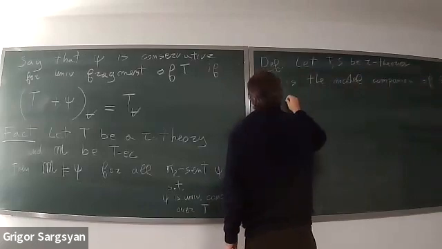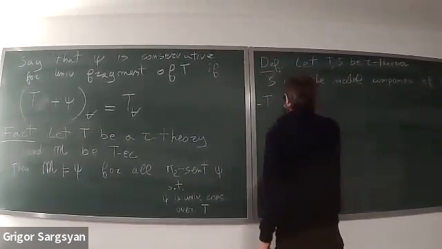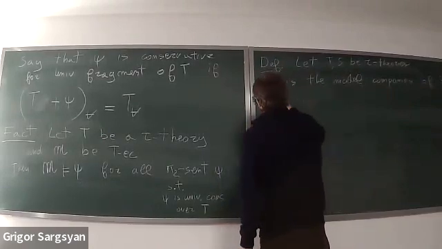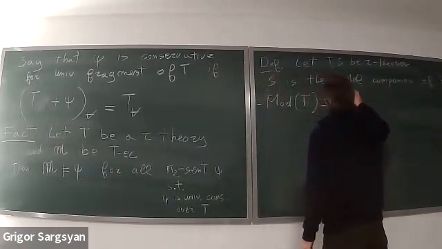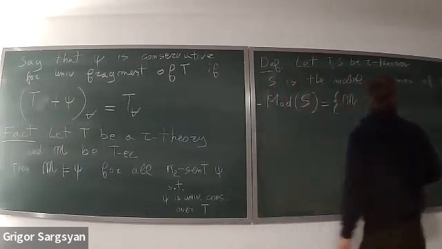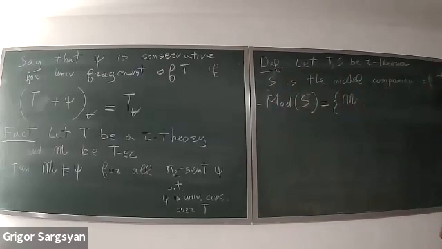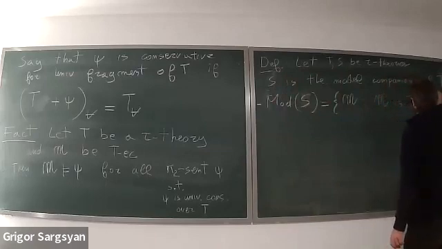S is the model companion of T. Let's say the models of S equal M such that M models S. Models of S are M such that M is T existentially closed.